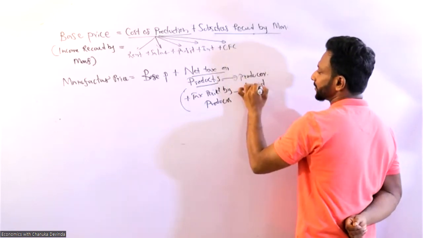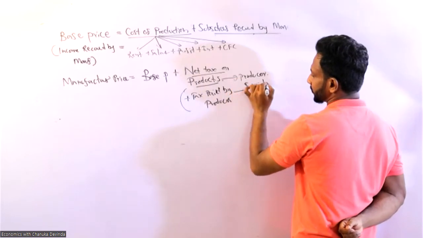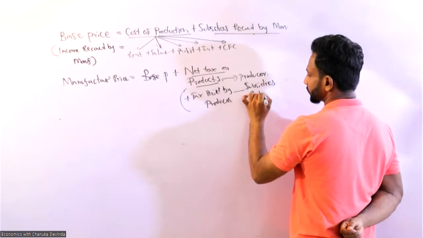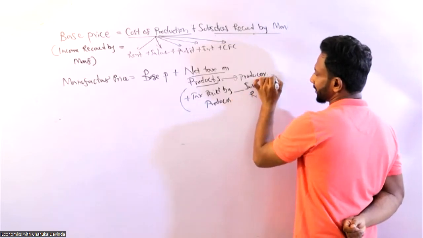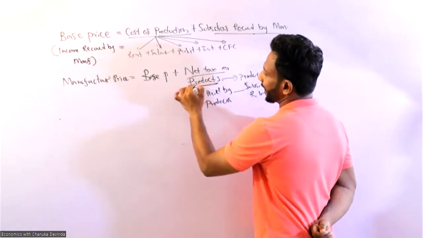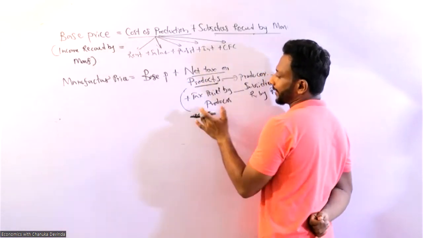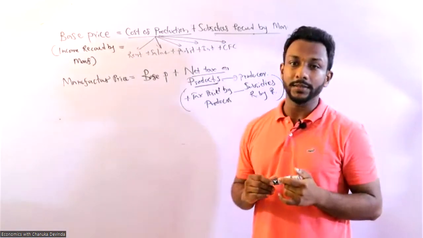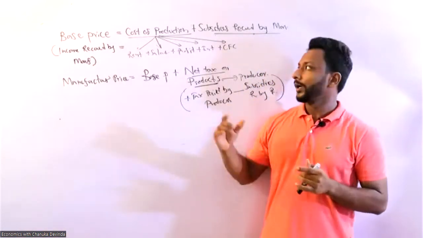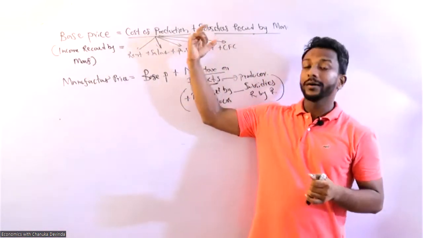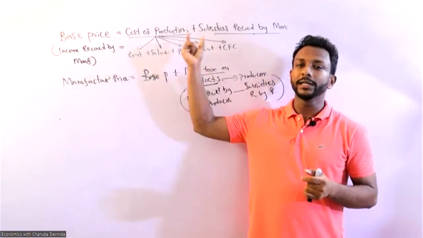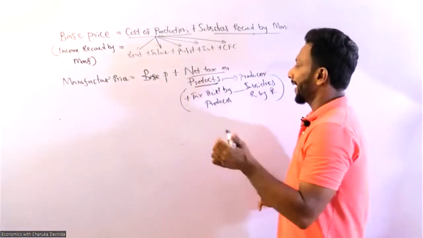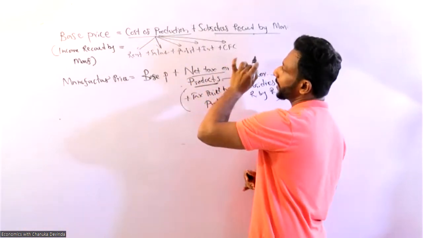So now subsidies are deducted, subsidies received by the producer. That's the meaning of adding net tax: tax paid by the producer will be added, and subsidies received by the manufacturer are minused, because they have already been included in the base price. Now tax has been added and subsidies have been deducted.